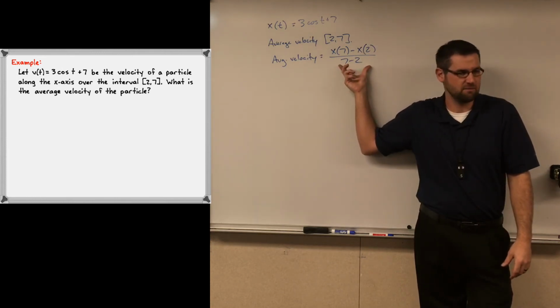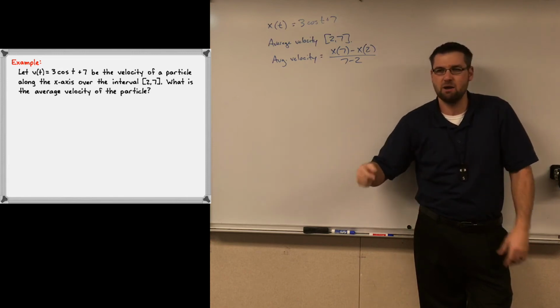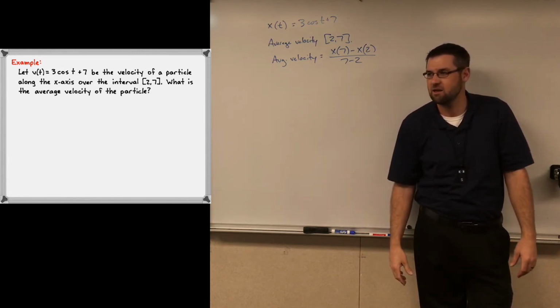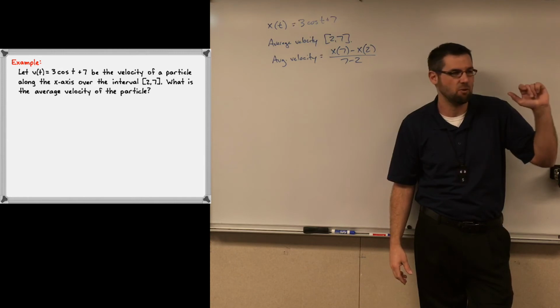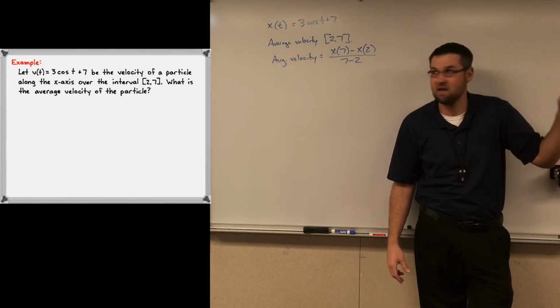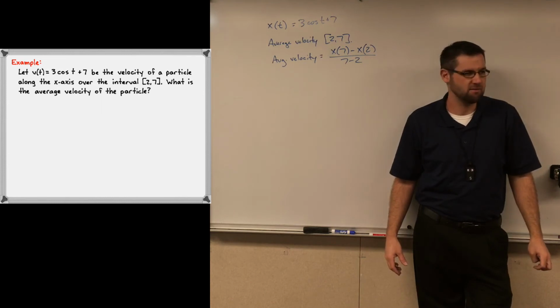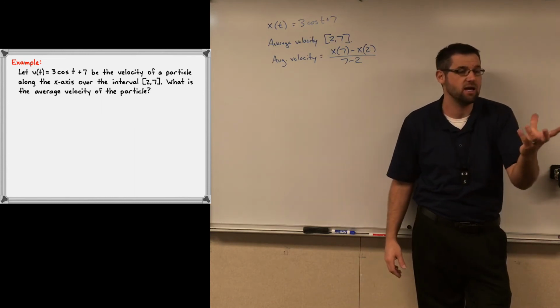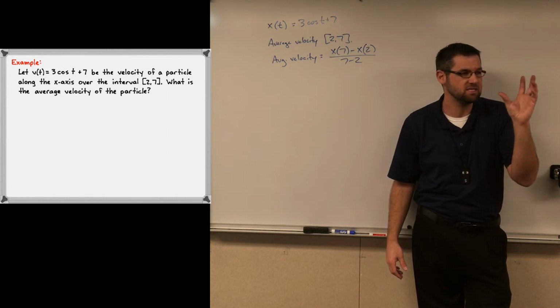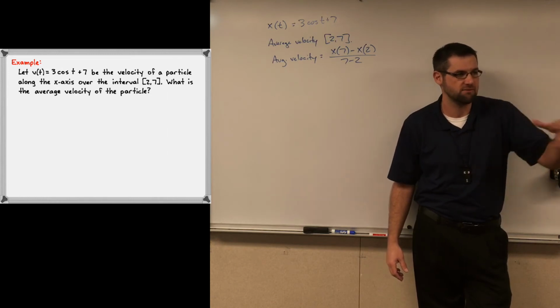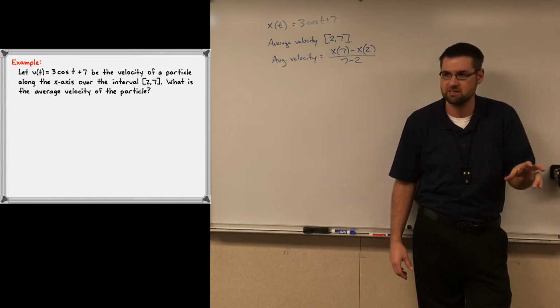Does that make sense? The problem with doing it that way, when you take the antiderivative, you have a plus c, so you need to have an initial condition, and I didn't give you that here. Does that make sense? So that's a way to do it, and in fact, I would argue that the c is going to cancel out because of the math that you're doing, and you can explore that separately.